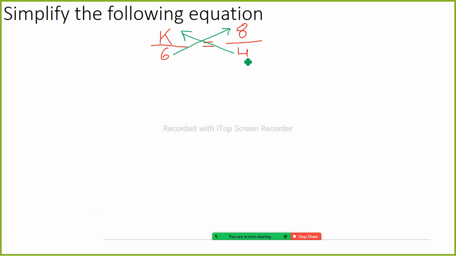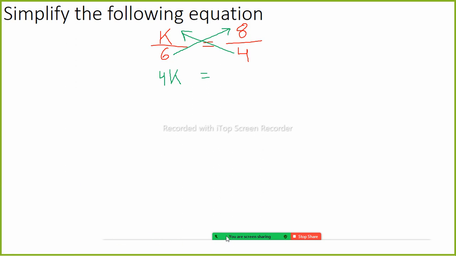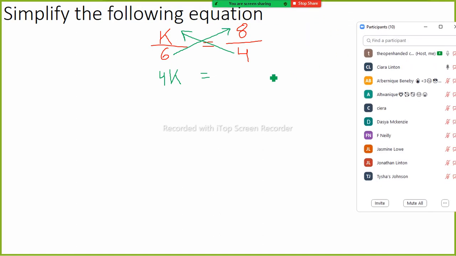Good. Deja, what do we get when we multiply 4 times k? 4k. What is 6 times 8? 48. 48, very good. Okay, good. Now, after we reach this step, there's a next step.